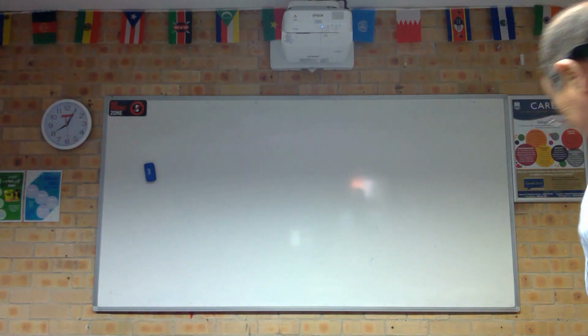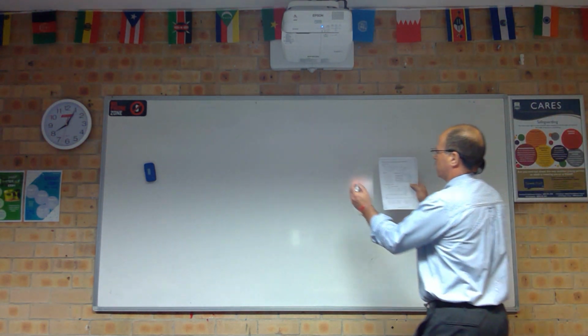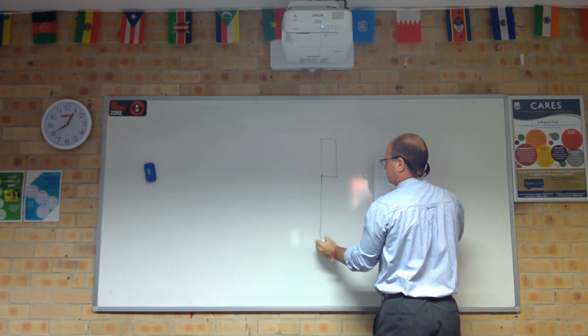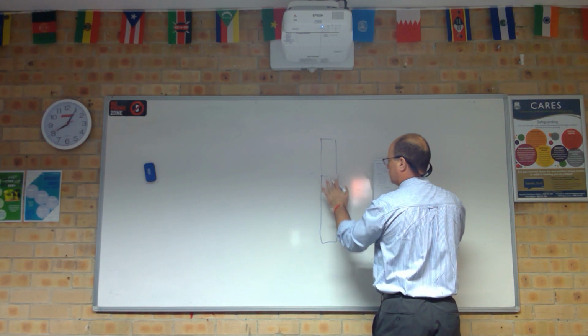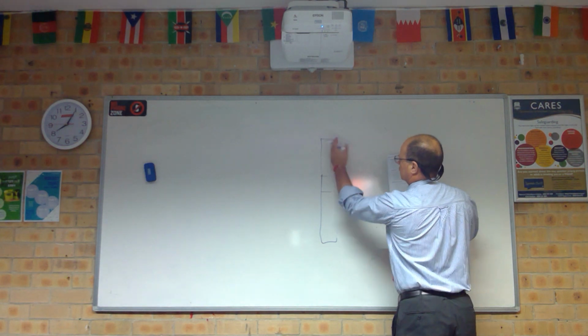So let's just quickly draw that on the board. So when we've got our material, we drill a hole. And it's going to be a blind hole, so we're not going to drill all the way through. Let's make this a little bit thicker.